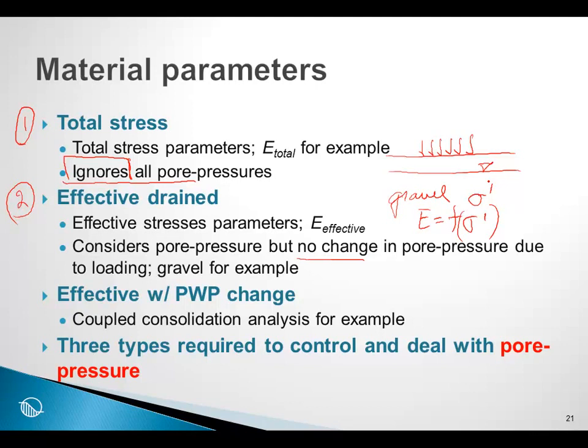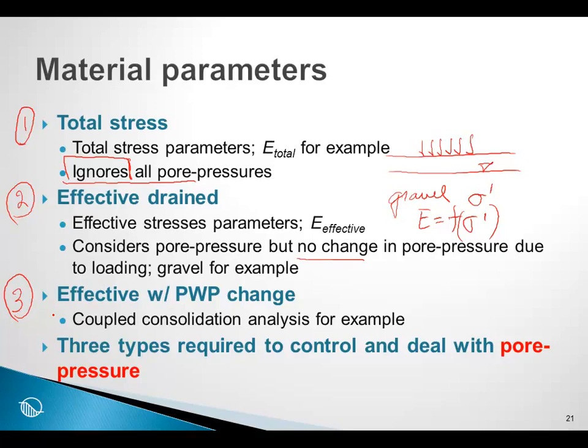The third group is what we call effective with pore water pressure change. All the parameters are effective parameters, and we are dealing with effective stresses. And if there is some loading, for example, then the loading could result in pore water pressure changes.